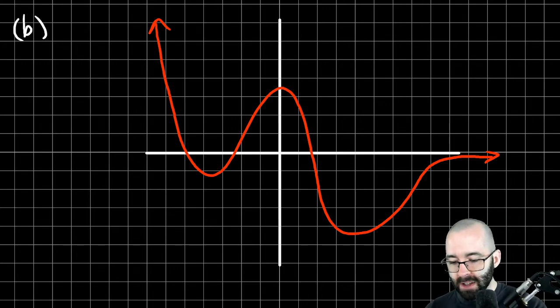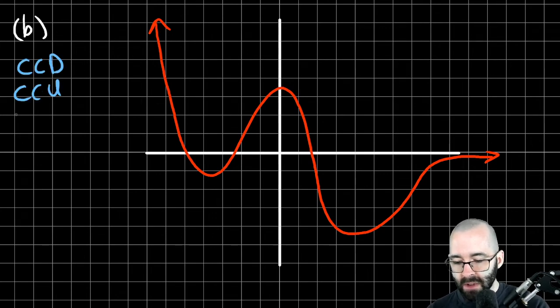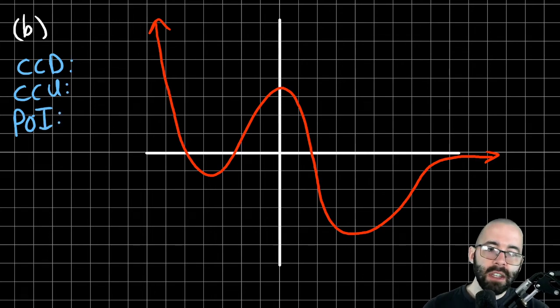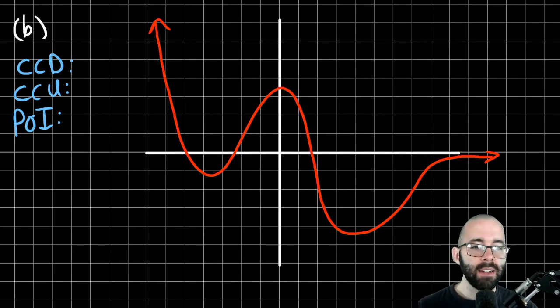So our answer is going to be, where is it concave down? Where is it concave up? And where are our points of inflection? So let's visually inspect this graph. Try to divide it into pieces that look like upwards parabolas, pieces that look like downwards parabolas, and so on.